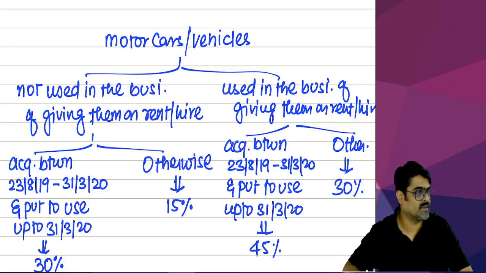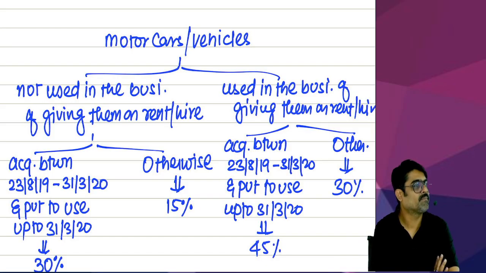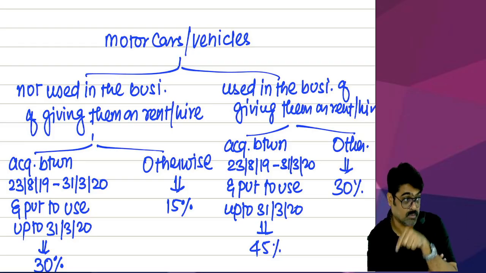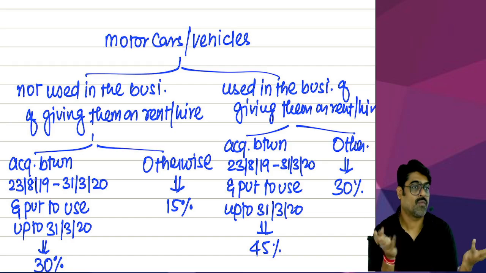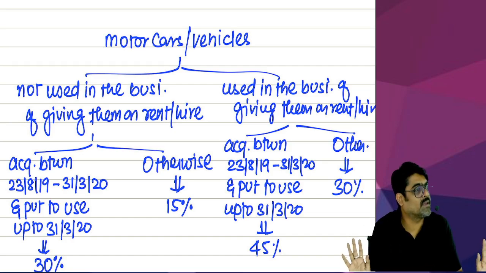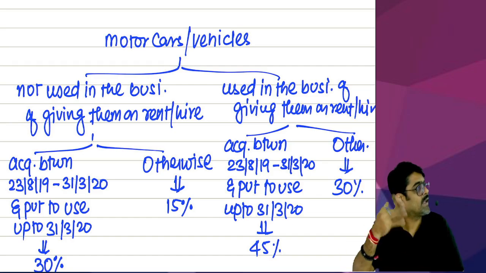So right now in your business, motor vehicles can be there which you purchased during 23rd August 2019 to 31st March 2020 and which were put to use prior to 31st March 2020. On those vehicles, what rate will be there? Either 30% or 45%. If this is not mentioned, then you are supposed to take 15% and 30%.